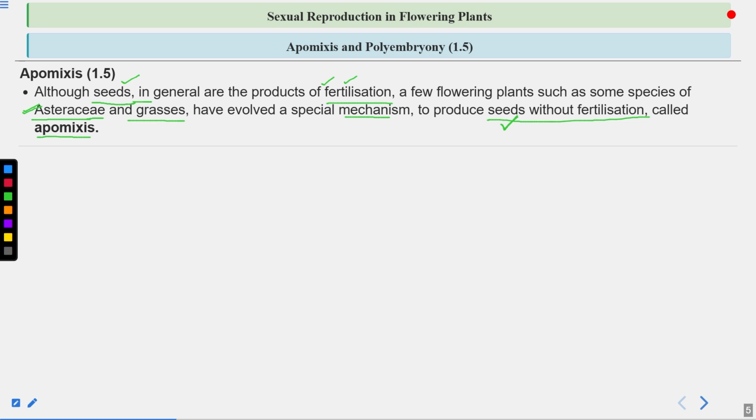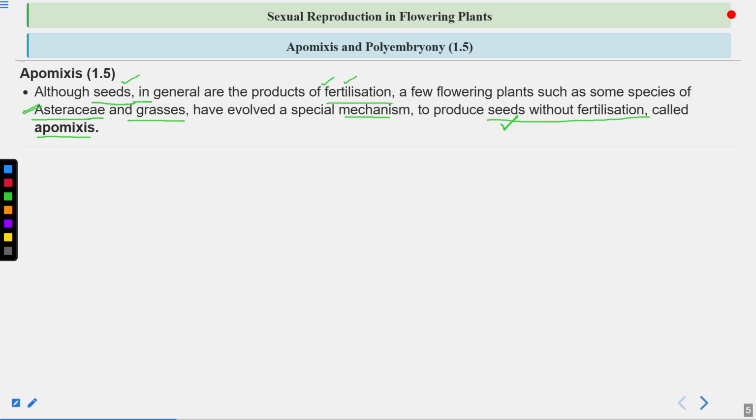Apomixis is very common in higher plants. Plants of more than 35 families are known to be apomictic. This is data that we have seen in reports and research papers, that such and such families have examples of apomictic seed.